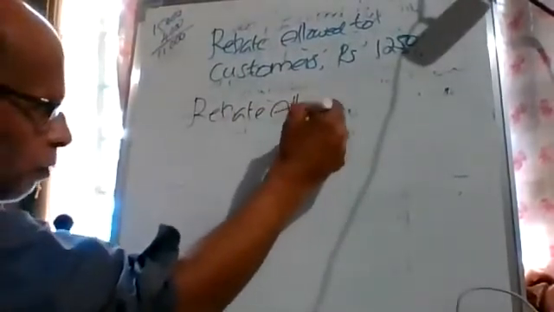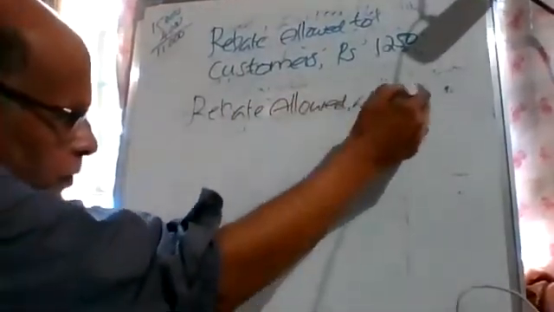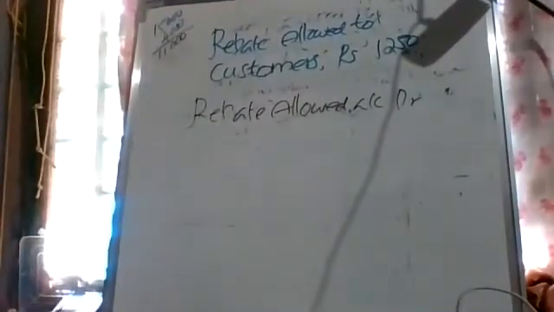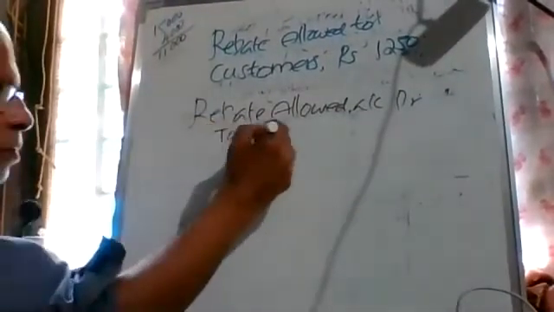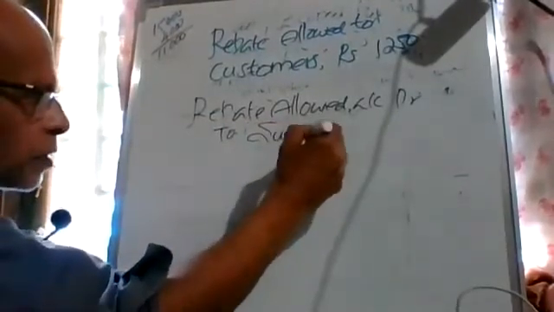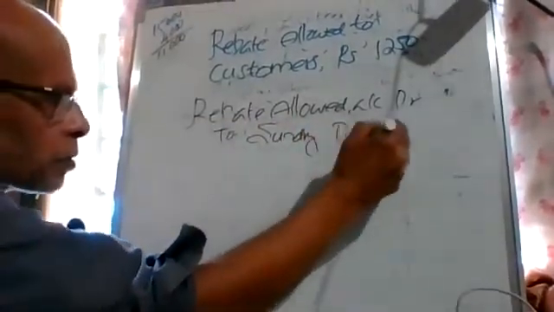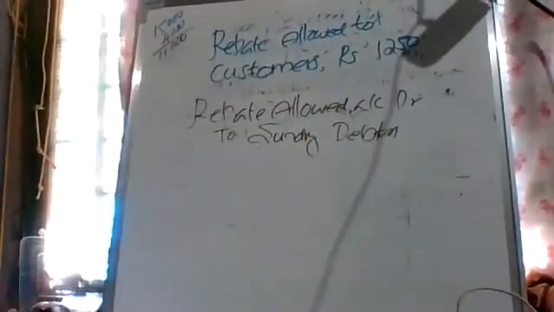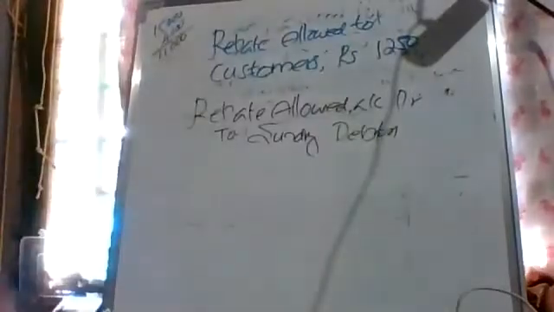Rebate allowed account debit to sundry debtors. If the name of the sundry debtor is given, we should write the name. In this question, there is no name.